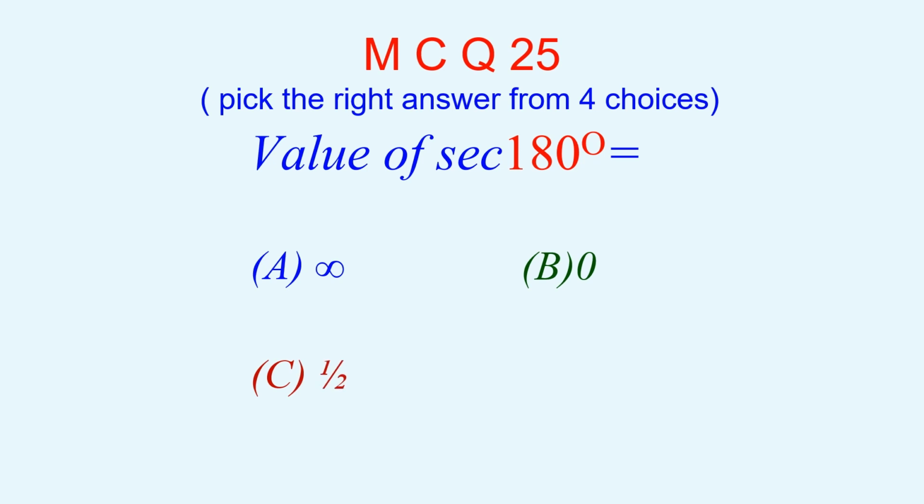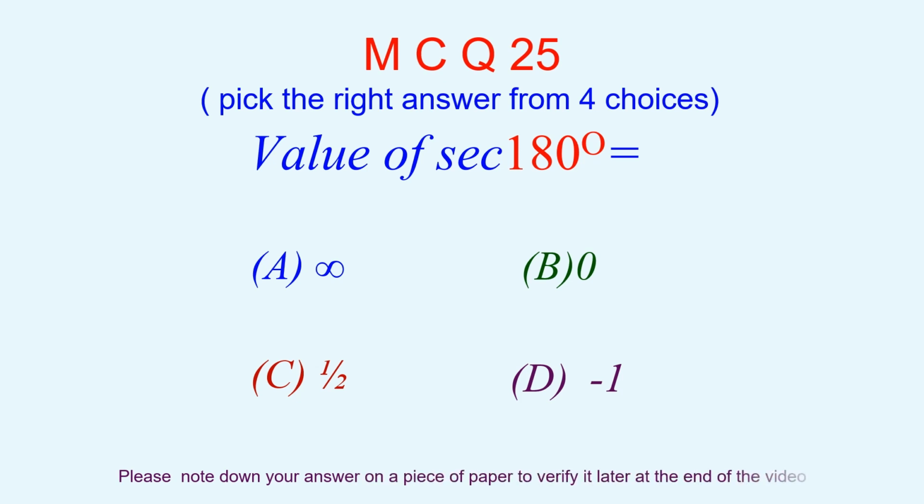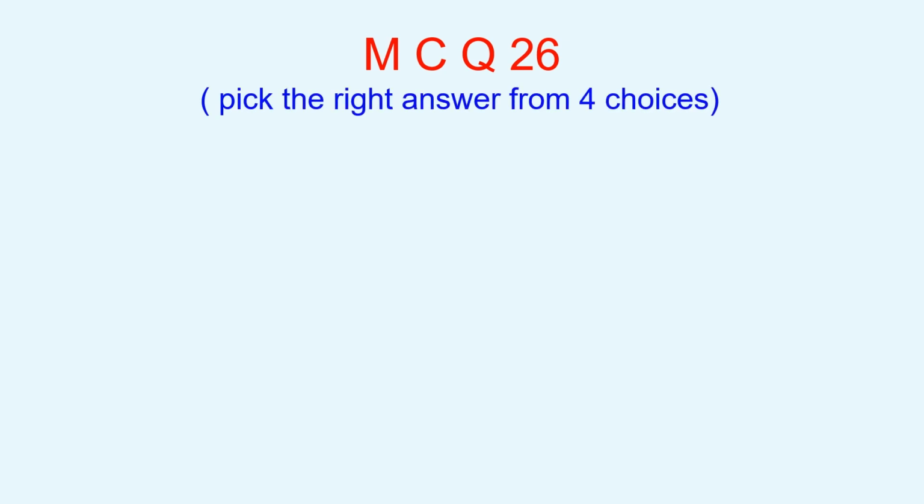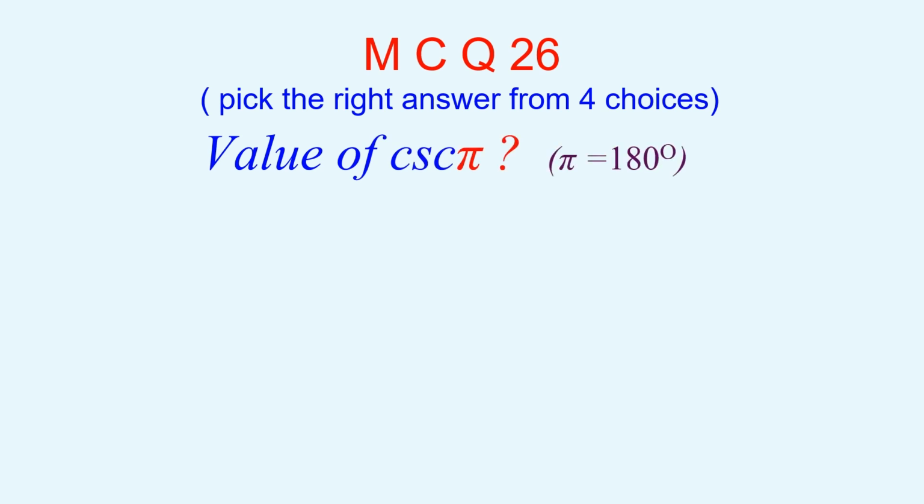C. 1/2. D. -1. MCQ number 26. What is the value of cosecant of pi? A. Infinite. B. 0. C. -1. D. 1.